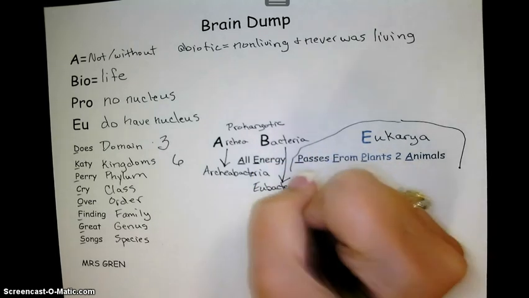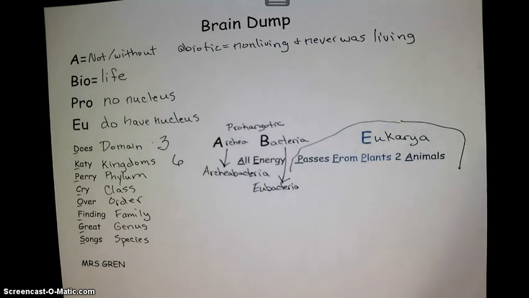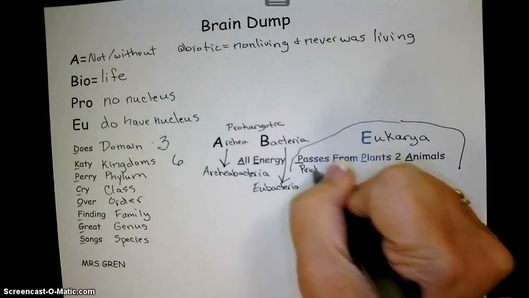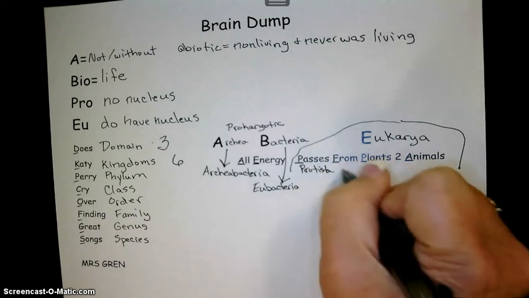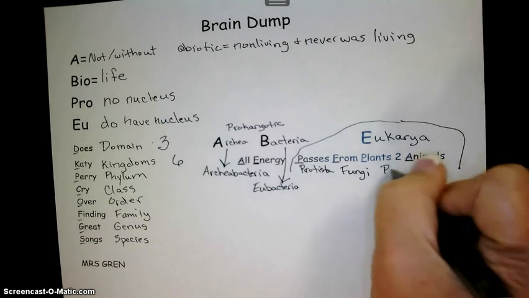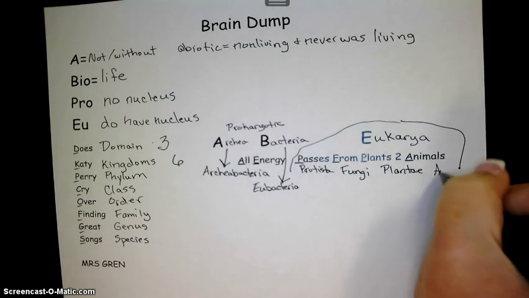That's your everyday bacteria. Eubacteria could remind you of that, everyday bacteria. And then these are your protist or protista, your fungi or fungi, however you want to say it, plantae, and animalia.